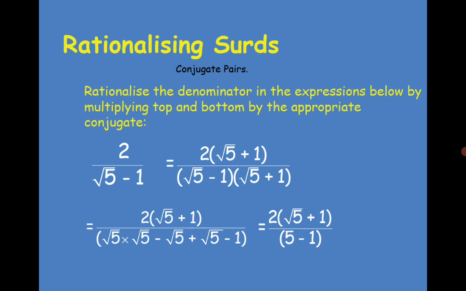So the result is, look at this carefully, 5 minus 1, which is 4. This 2 into 4 is going to give us this 2 down here. So the result of rationalizing the denominator is root 5 plus 1 over 2.